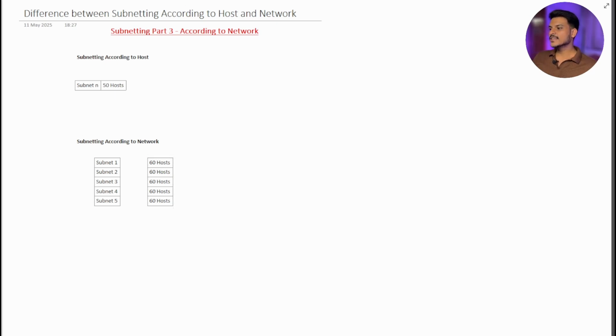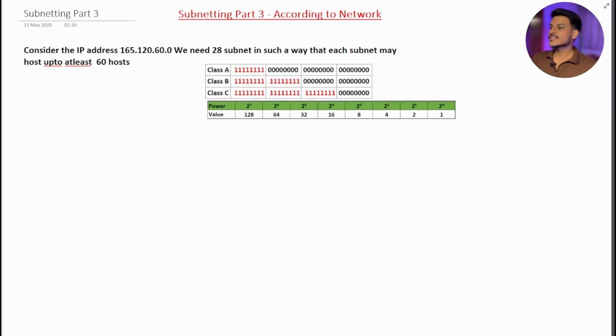In short, when we do subnetting by looking at the host requirement, like 50 hosts, that is termed subnetting according to host. And when we do subnetting by taking care of how many subnets are required, that is termed subnetting according to network. So now let's understand subnetting according to network by taking an example.